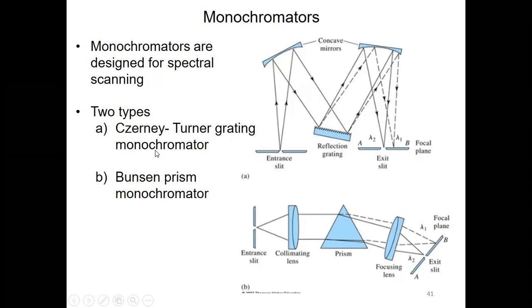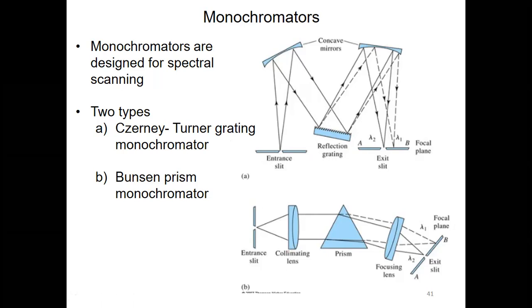Czerny-Turner grating monochromator. We call the Czerny-Turner grating monochromator here. Figure A is the Czerny-Turner grating monochromator, and figure B is the Bunsen prism monochromator.